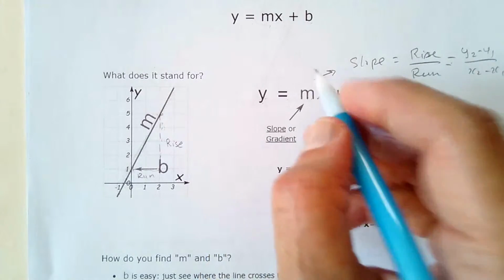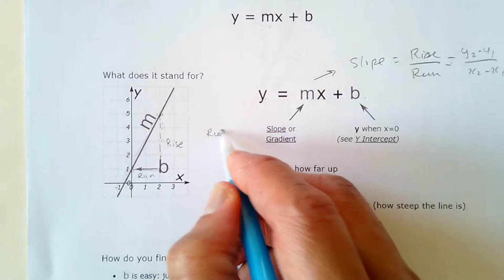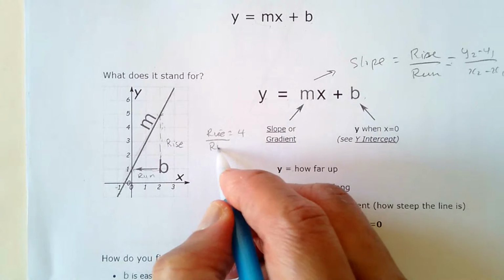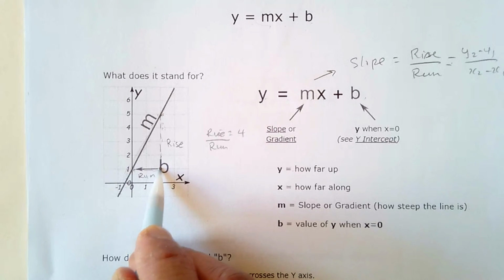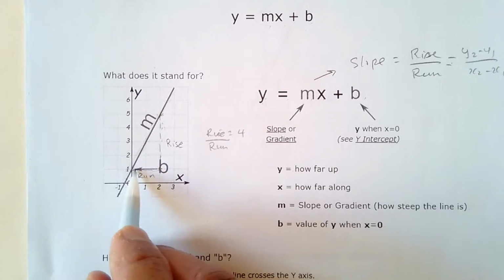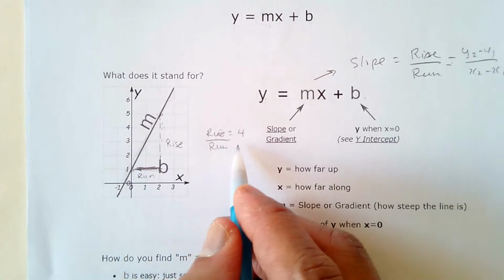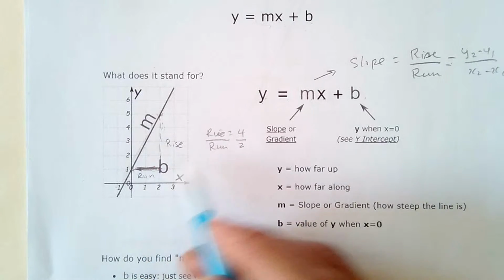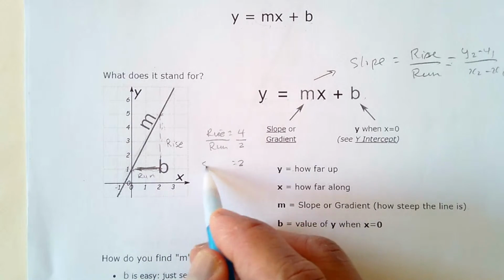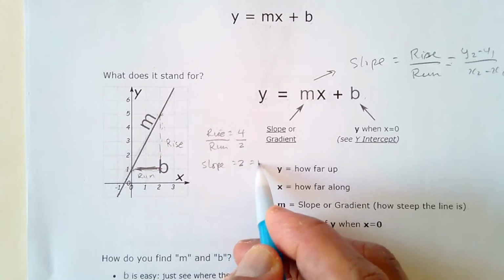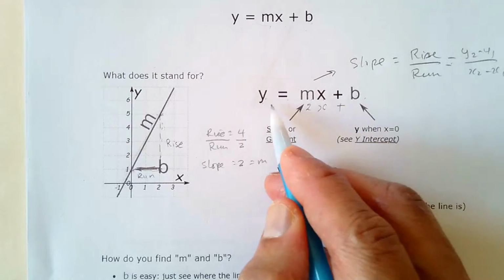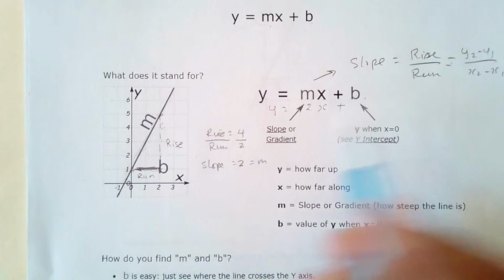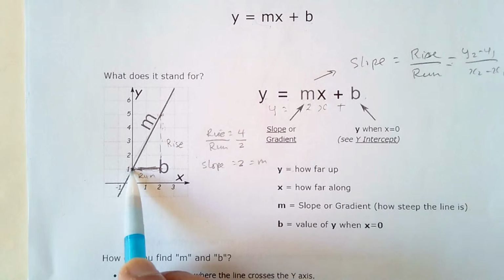So the rise in this case is 4, and the run refers to the distance from here to here. That's 2. So the slope here would be 4 over 2, which is 2, which is equal to m. So the m in this case would be 2. The x remains the variable, y is equal to 2x plus b. Now, where does it cross the x-axis? At 1.